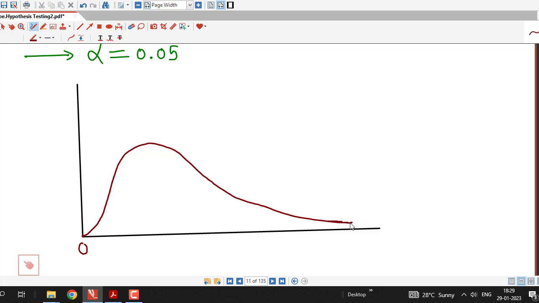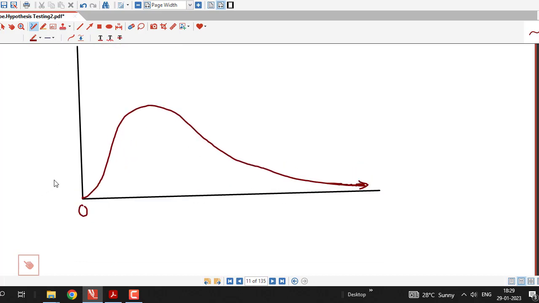It will have a longer tail on the right side, and this will never cross the x-axis. It will go parallel to the x-axis. Here we are given that sigma 1 square is less than sigma 2 square. Therefore, we have a left-tailed test.